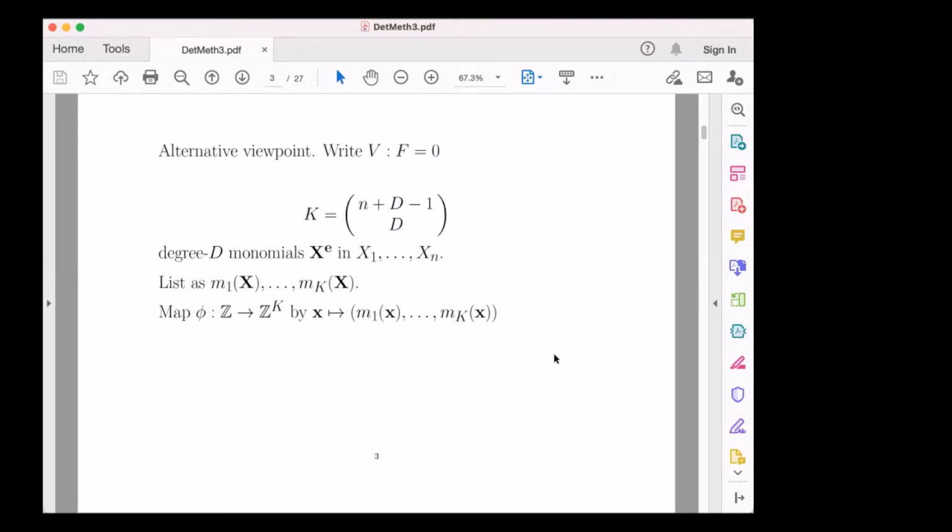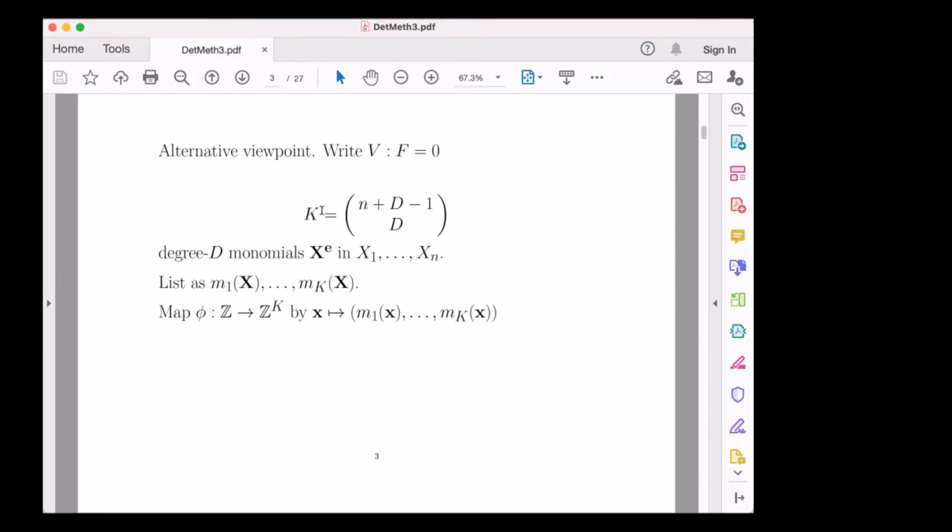Now, there's an alternative viewpoint on this, which is a little bit more sophisticated and therefore a little bit more complicated, but may be interesting. So let's have a look at that. We'll denote the hypersurface F equals 0 by V. And this time we're going to consider all the degree d monomials, x to the e.